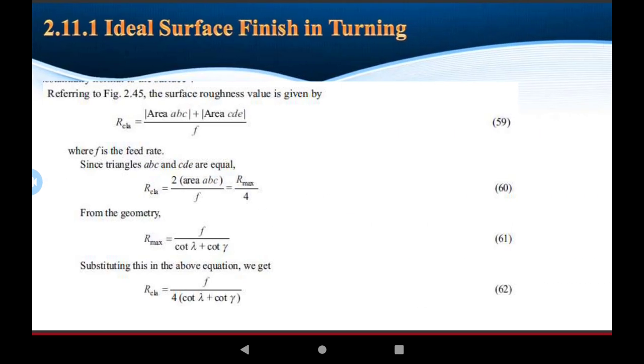Ideal surface finish can be found by an analytical method.